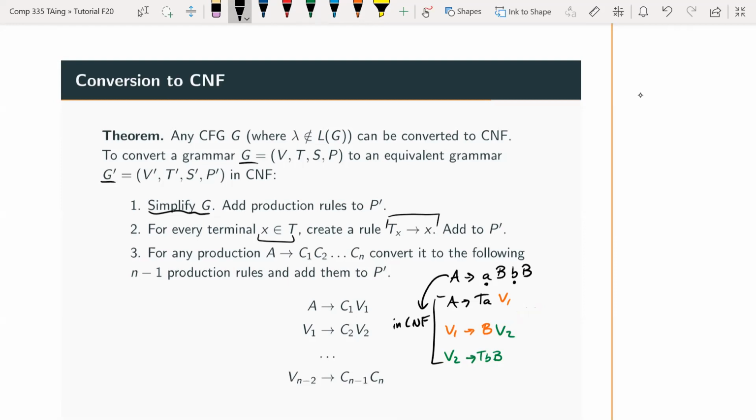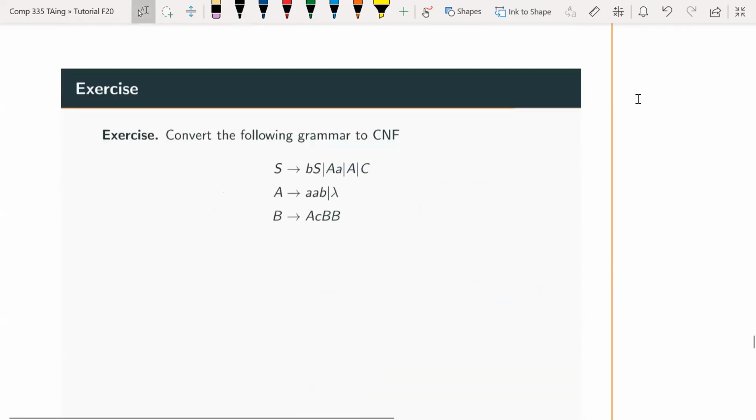So again, that might still seem abstract, so we're going to do a quick example. So we have the following grammar G, and we want to convert it to Chomsky normal form. So of course, the first step would be to simplify G. I'm not going to do that.